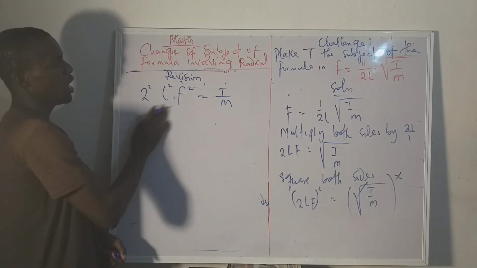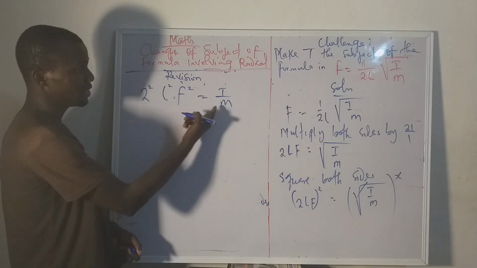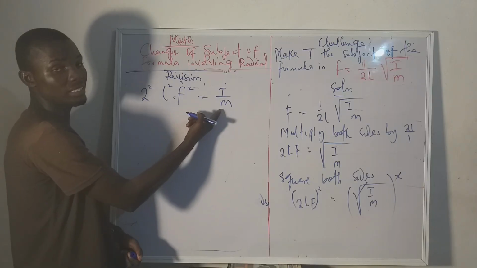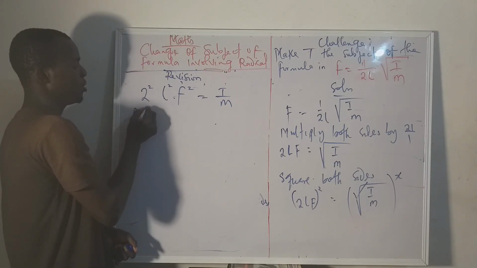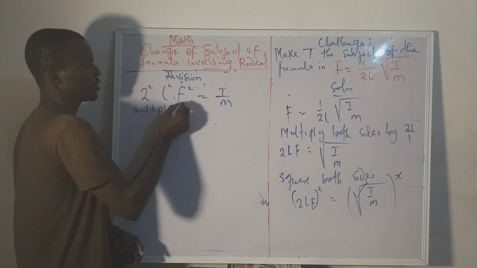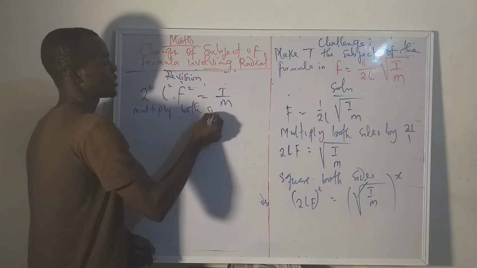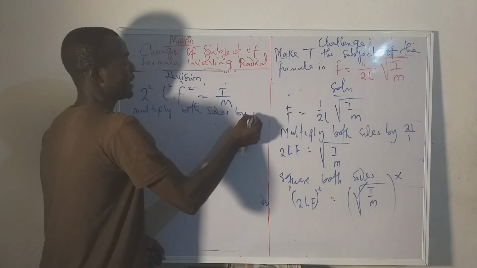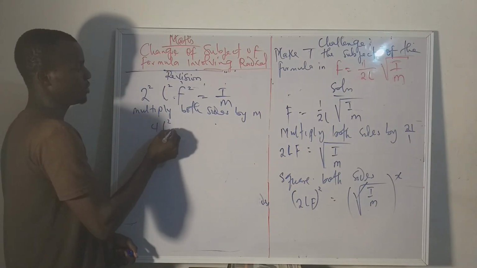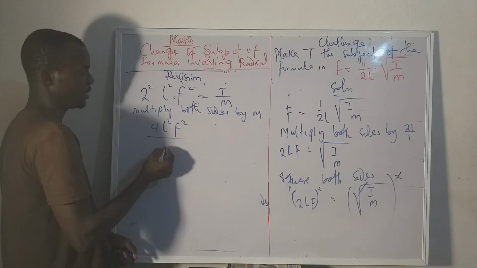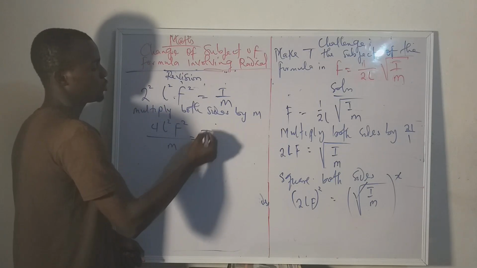So the next thing to do is to eliminate this denominator. And what do we do? We do the reverse of division here by saying multiply both sides by n. So we have 4L squared f squared times n, and that will be equal to t.